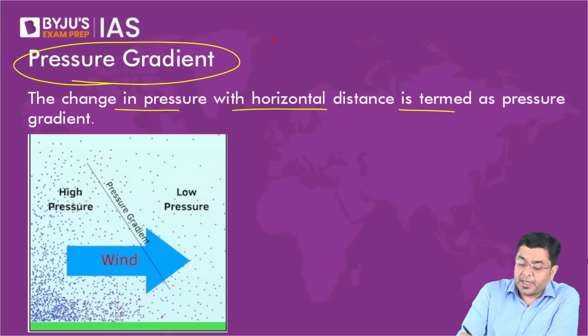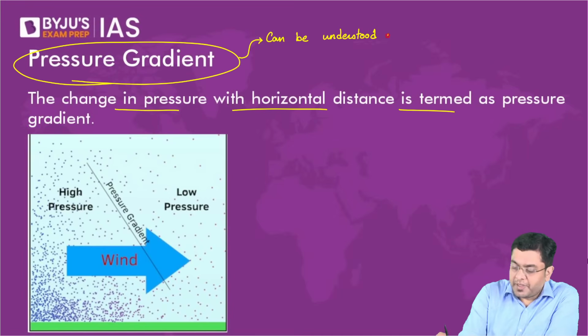So the pressure gradient can be understood with the placement of isobars.